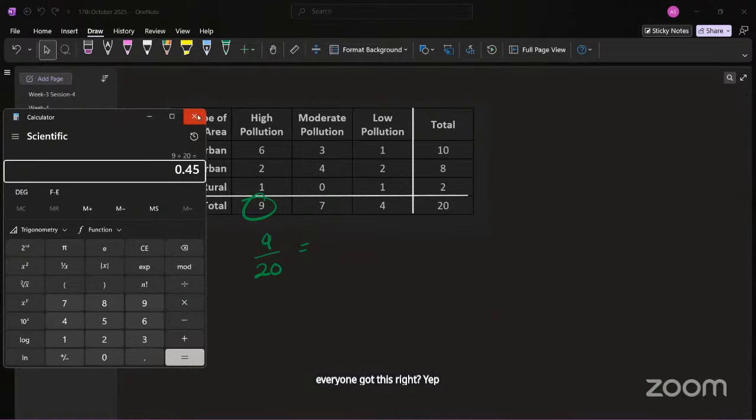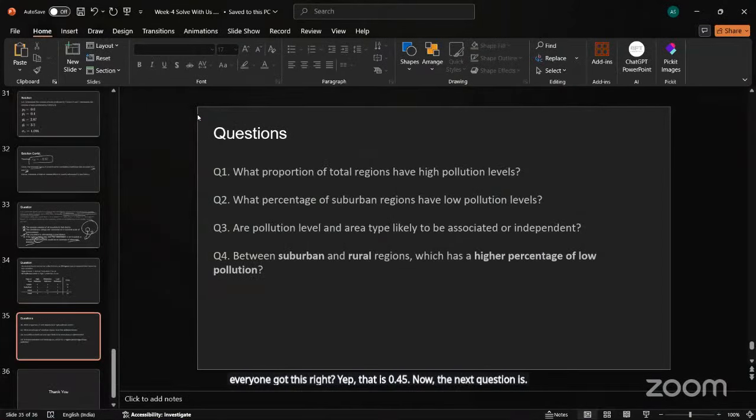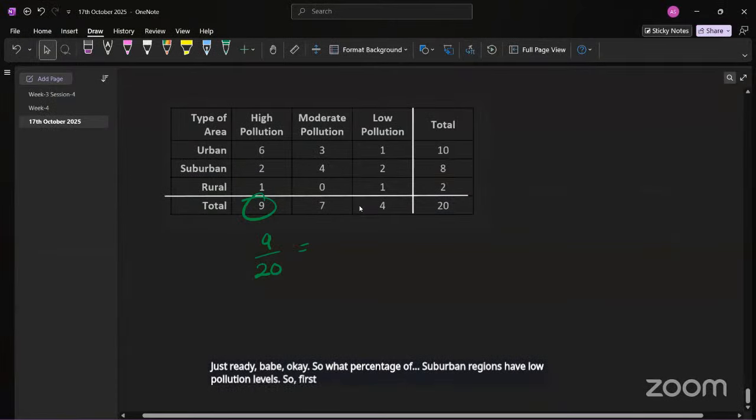That is 0.45. Now the next question is, what percentage of suburban regions have low pollution levels? The answer is 25%. First, we have to go to the suburban regions.